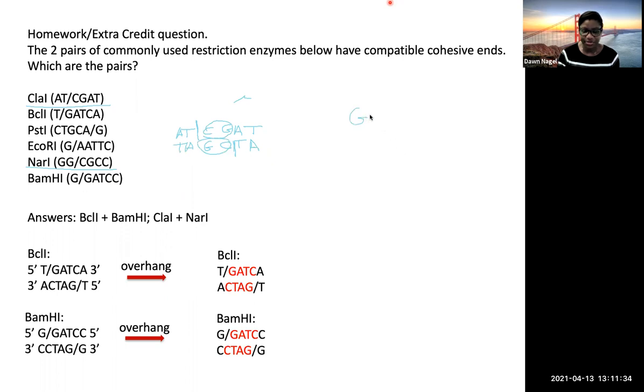NarI also cuts here and cuts here. So what do you have? You have the CG, the GC. So these are your overhangs and they're compatible.